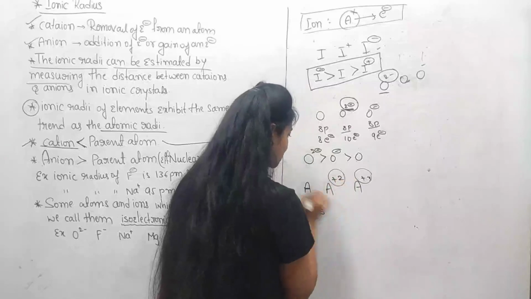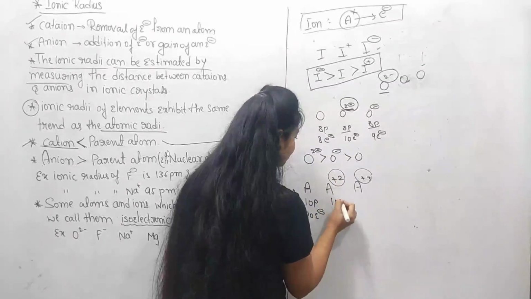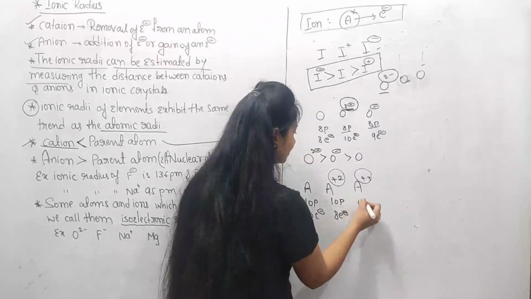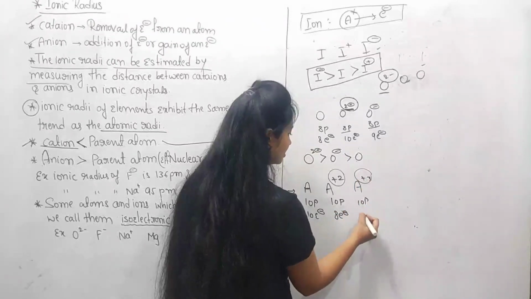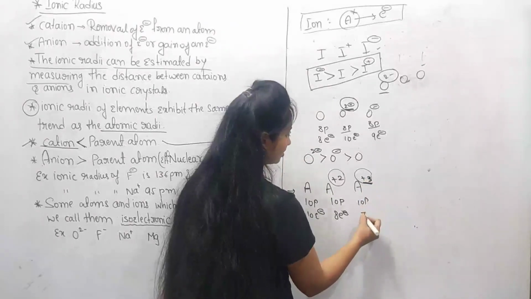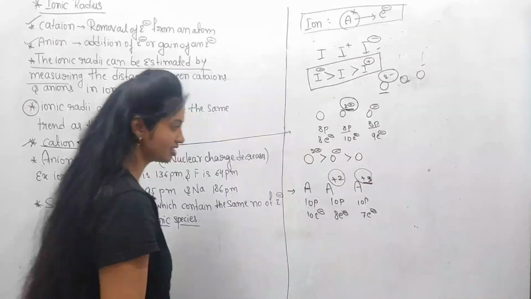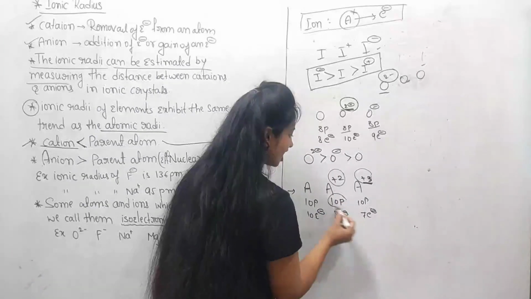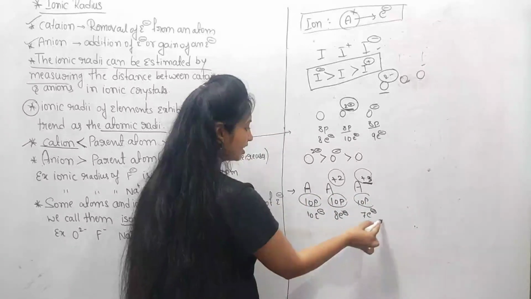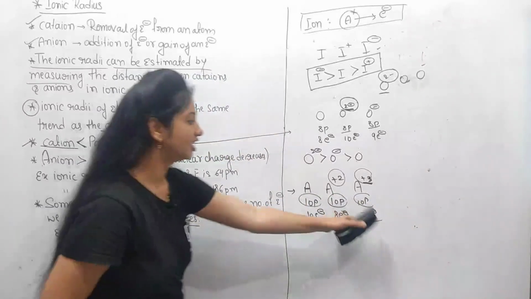And A plus 2 means we have 10 protons but 8 electrons. Here we have 10 protons but we remove 3 electrons, so we have 7 electrons. The nuclear charge remains the same in the 3 species but the electrons decrease.